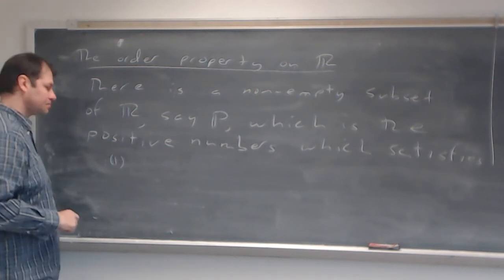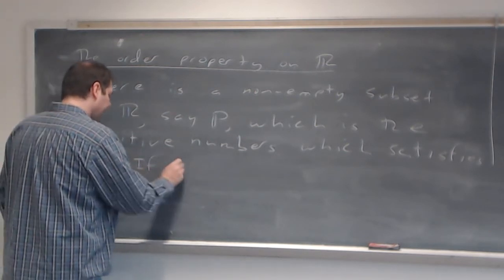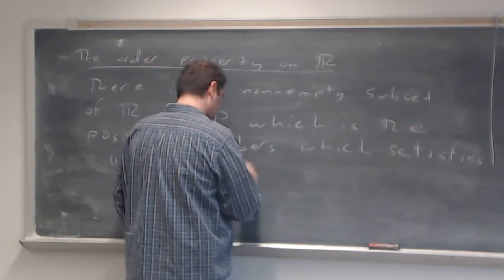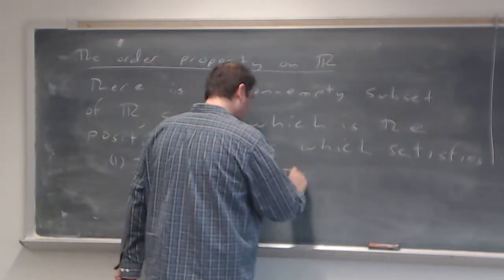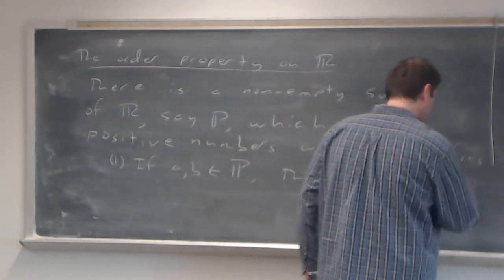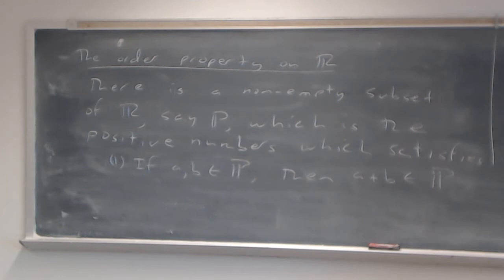Here's the first thing. If A and B are positive numbers, then A plus B is a positive number. You take two positives, add them together, you know what you get? You get a positive.